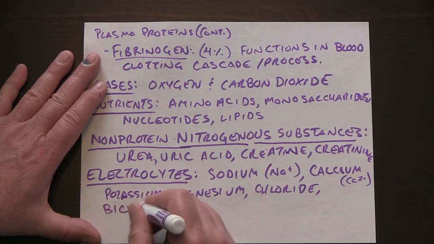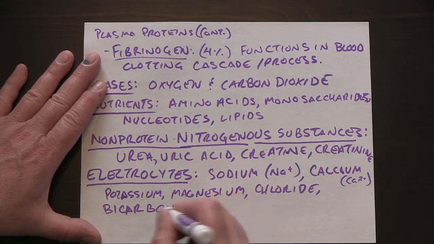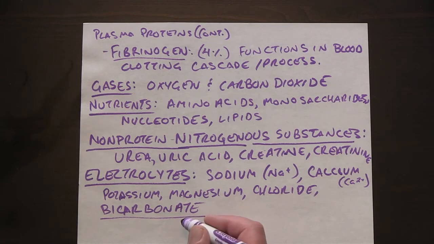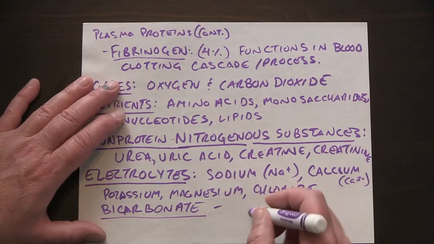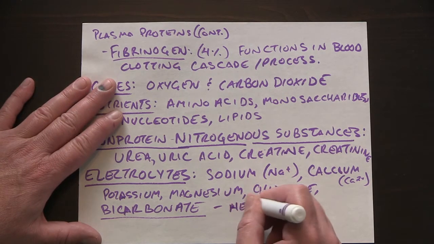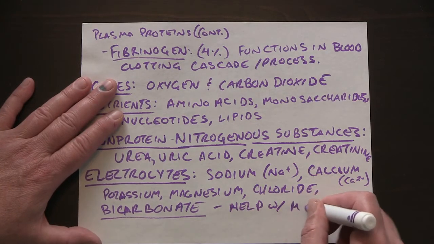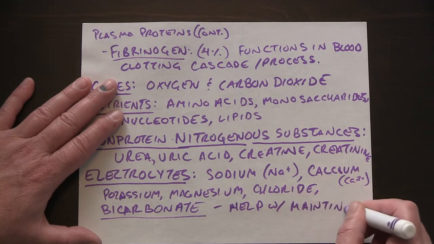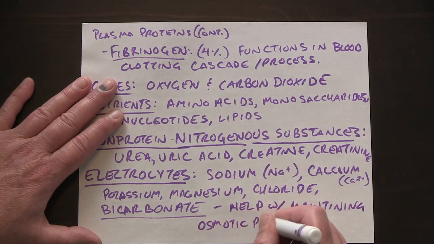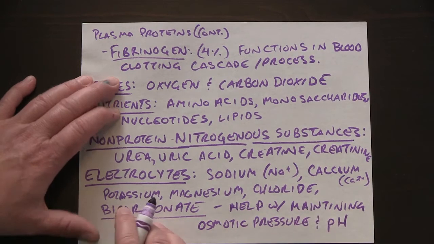Another one we're going to talk about in the respiratory system is bicarbonate. That's a big one. Phosphate, sulfate, and then all of these have a role in maintaining the osmotic pressure and pH of the blood.